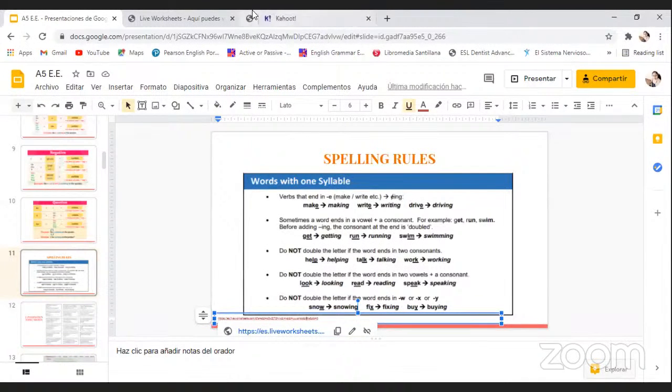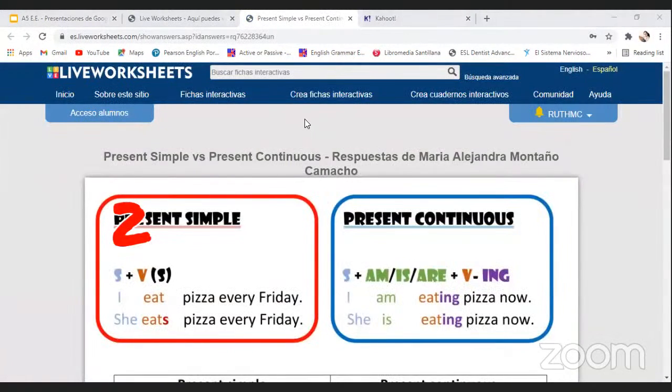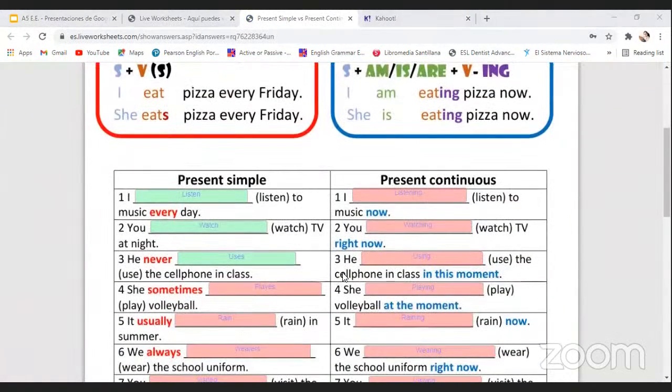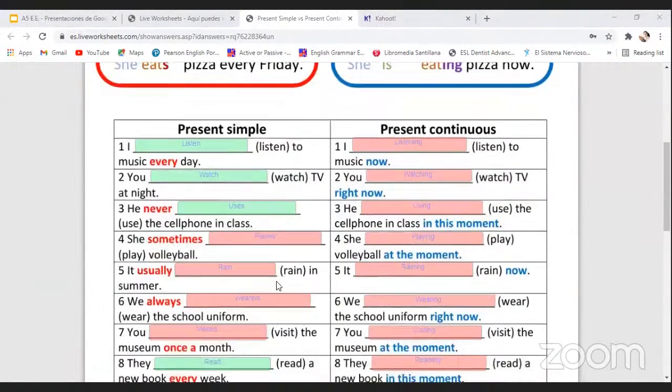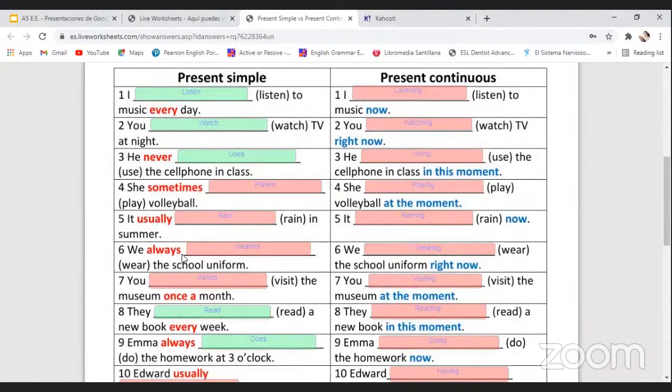Oh, here. All right. Well, here. She sometimes plays. It was only with S. And here it usually rains with S because it's it. We always wear.